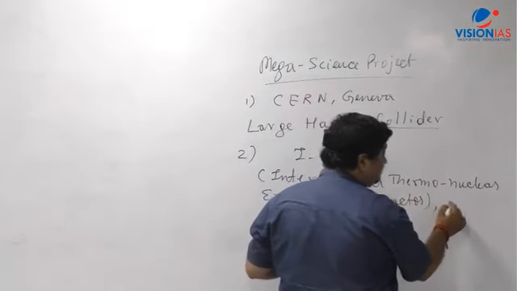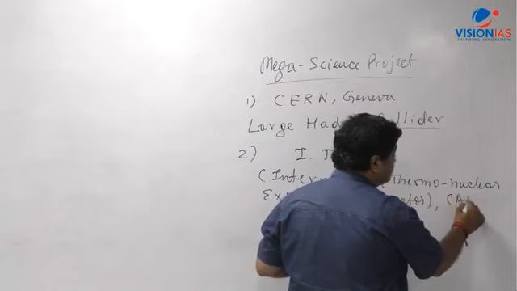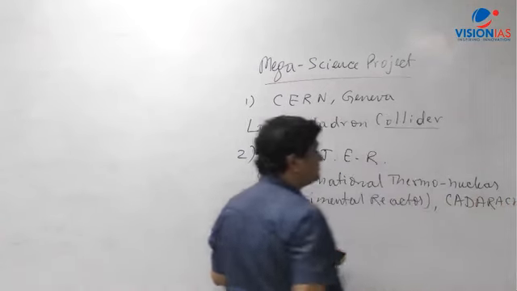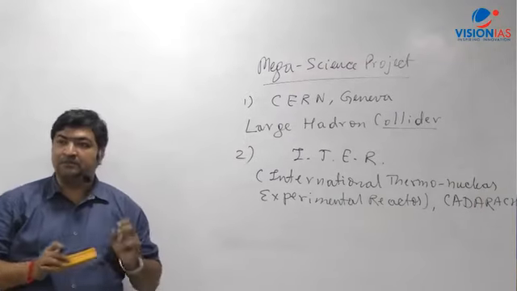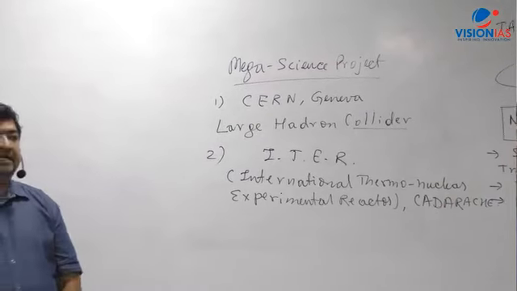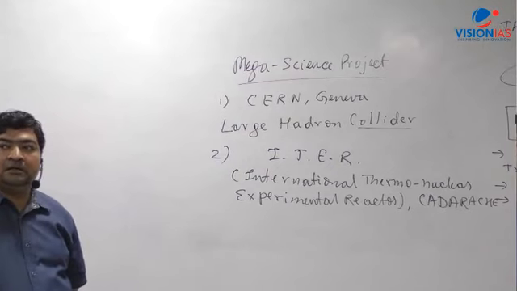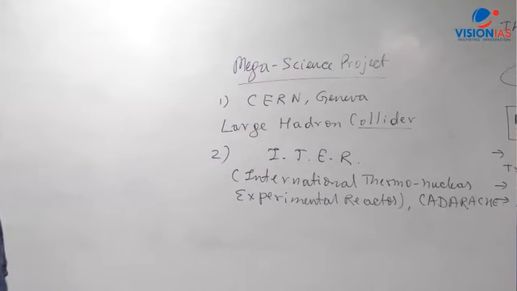The name of the place is called Cadarache, and DAE is involved with this. Cadarache is a place in the south of France, and there the world's first commercial nuclear power plant based on hydrogen fusion power.